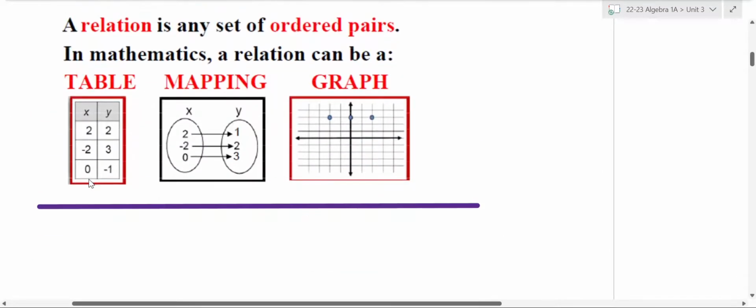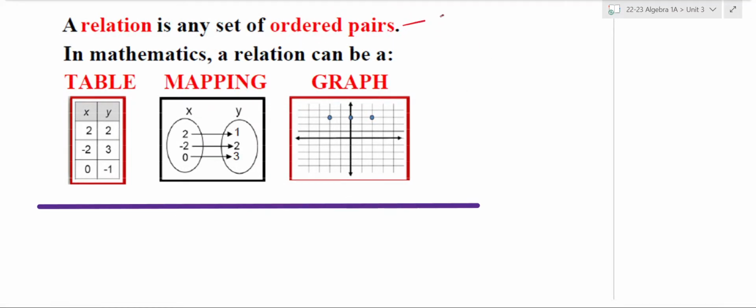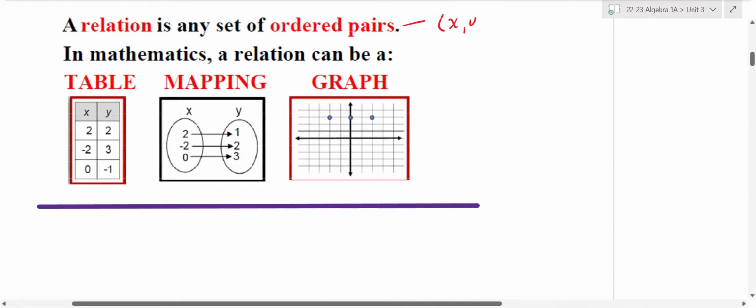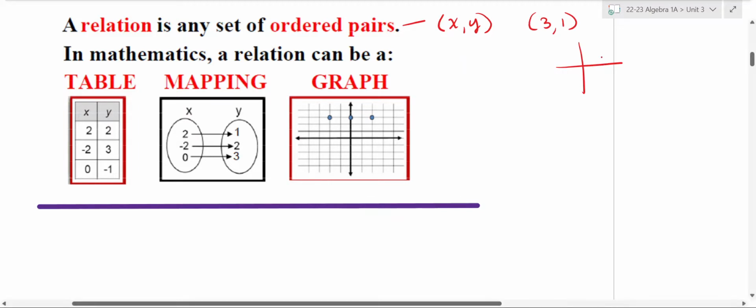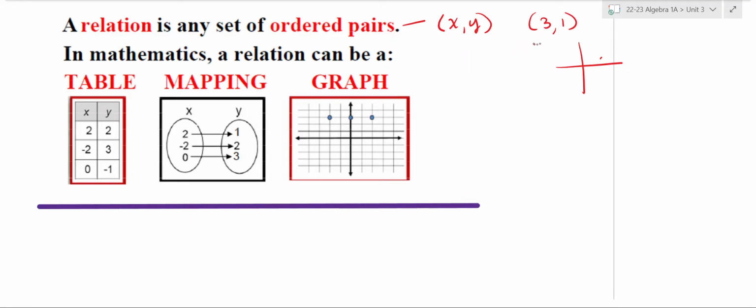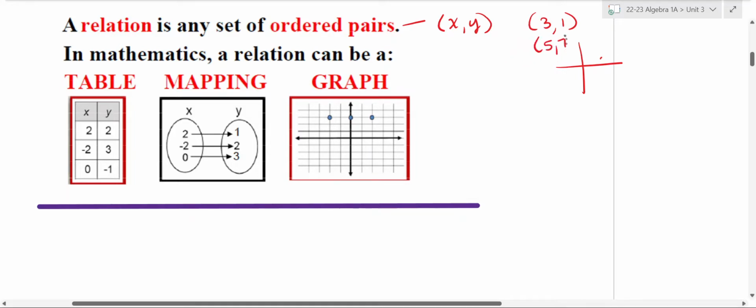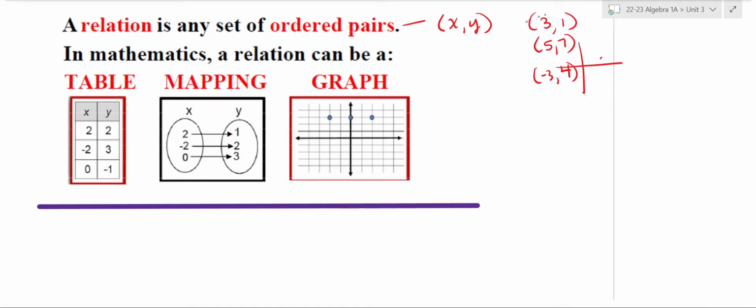A relation is going to be a set of ordered pairs. And in case you forgot, an ordered pair is x and y, right? We know this as (3, 1), and we plot these points, (3, 1), somewhere here, okay? So any group of points, any set of points, (5, 7), (-3, 4), those sets of ordered pairs we consider our relation.